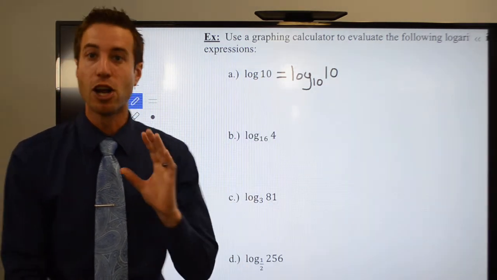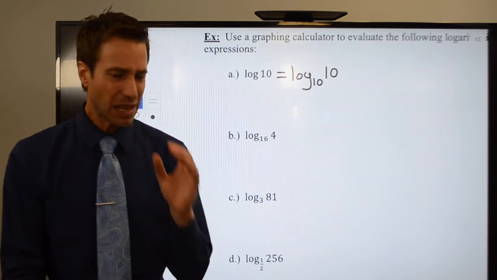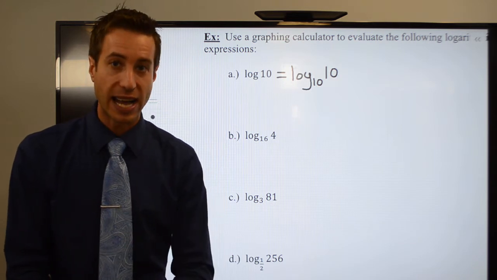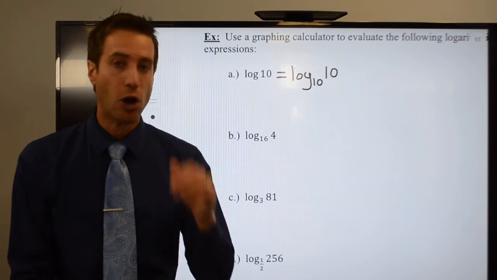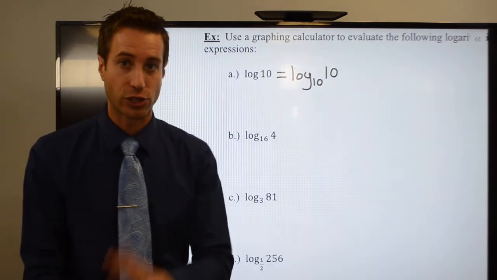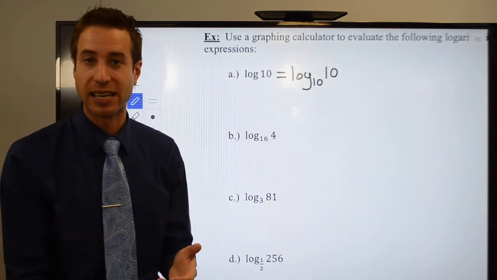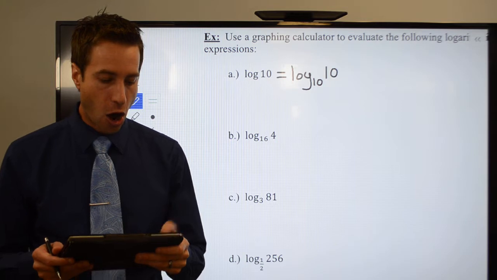If there's no base there, you need to know that it's implied 10, which is great for you because on every calculator, graphing or scientific, there is a log base 10 button right on the calculator. So if you're given a log base 10 where the 10 is not written because it's implied, all you have to do is find the log button on the calculator.